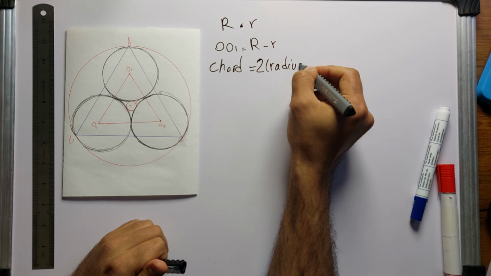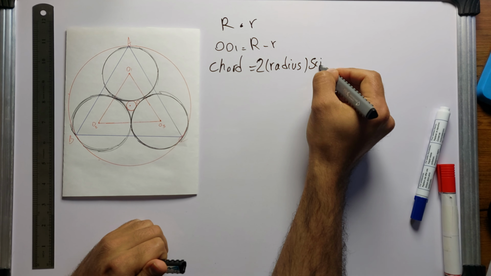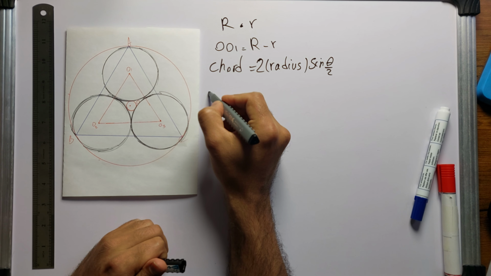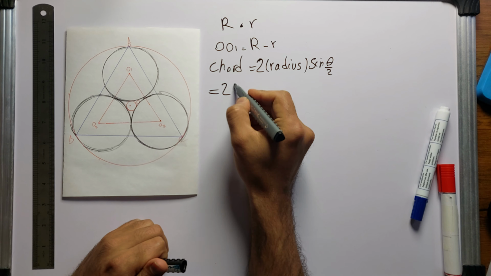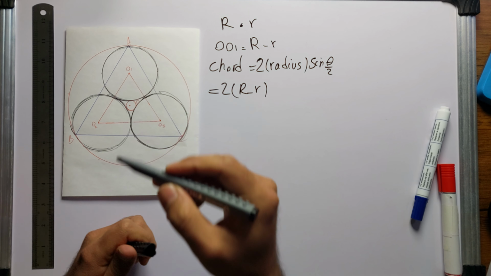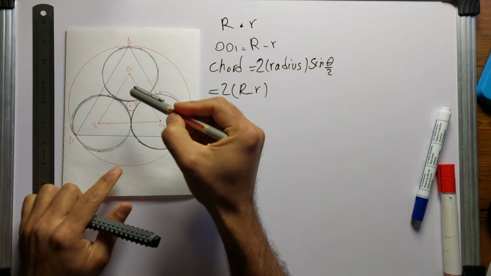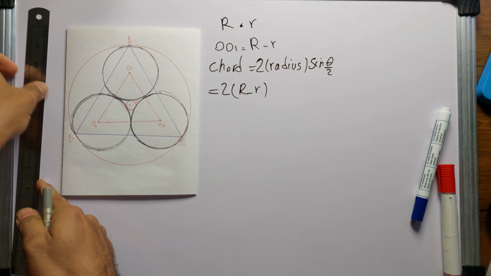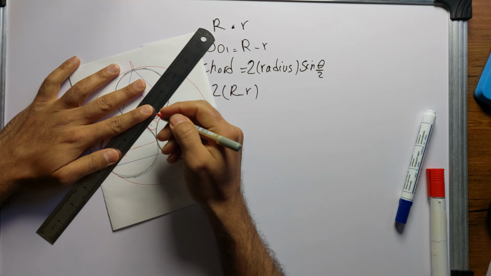So the chord equals 2 times the radius, where the radius is R minus r, times sine of theta over 2. Theta is an angle subtended at the center. If we connect these two together, let me draw that here. Imagine this is the center.